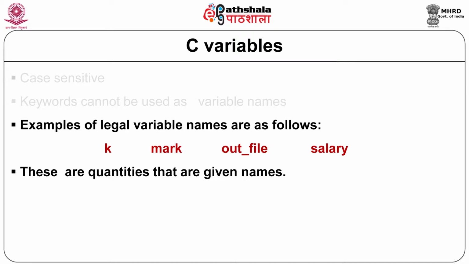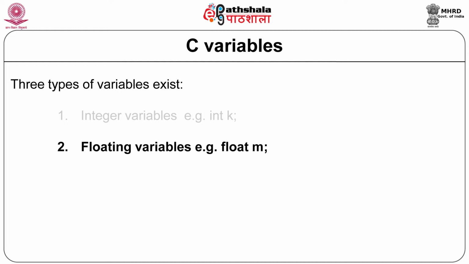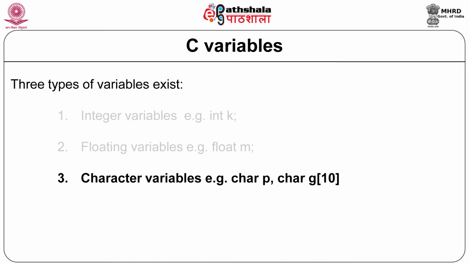Examples of legal variable names are K, mark, out, file, salary, etc. These are the quantities that are given a name. There are 3 types of variables: integer variable, float variable and character variable. For an integer variable, we write int as the data type and then the variable name.